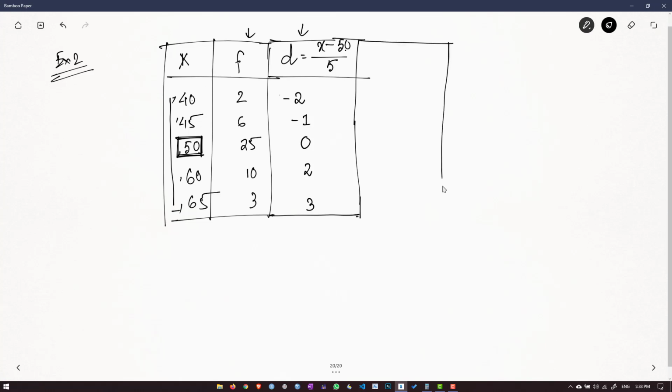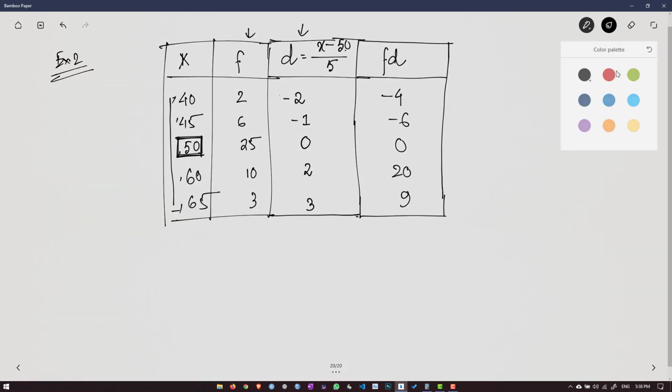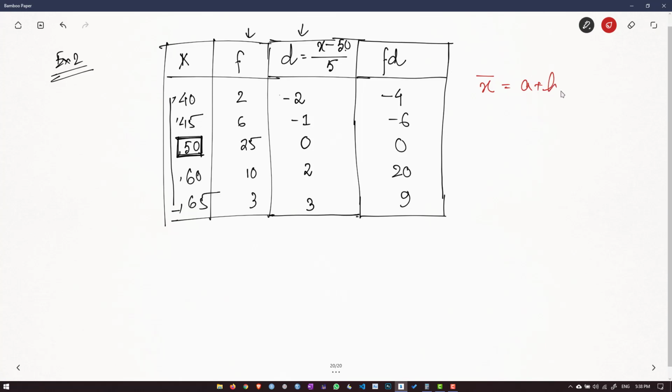So to calculate the average, we will calculate f into d, right? So this will be minus 4, minus 6, 0, 20 and 9. The formula to find x bar is a plus h times d bar, and we need d bar. D bar in case of discrete group frequency is summation fd divided by summation f.